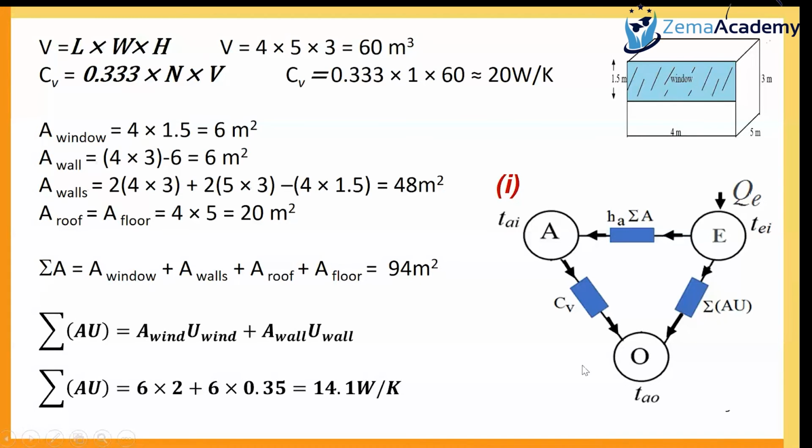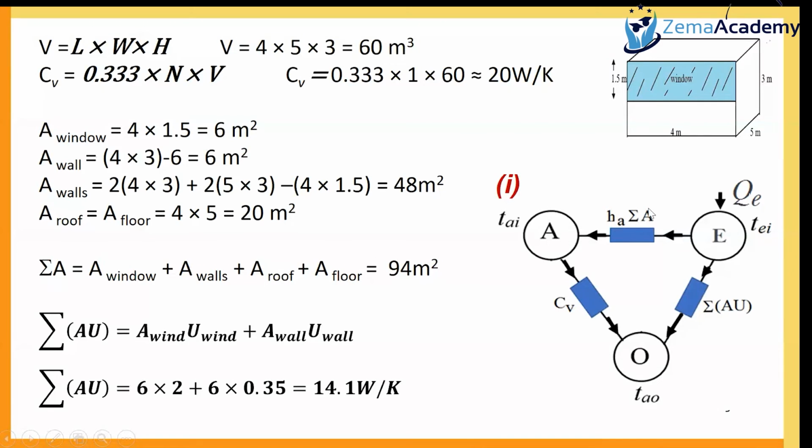On this diagram, you can see whatever things are required. You have calculated this thermal conductance and this ventilation conductance. What you have not calculated as a product is this HA times summation A. But you can calculate this.